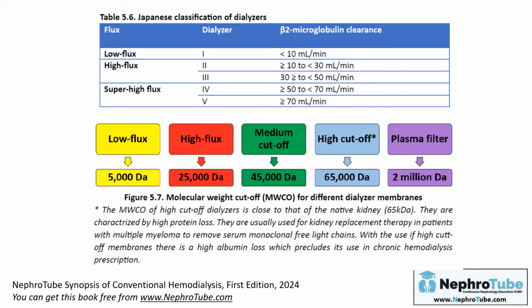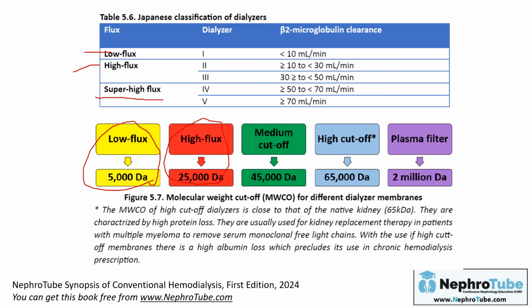Before going through the next point in the lecture, I want to mention an important notification, because you can meet this while you are reading in the literature. Let's see. This is the low flux dialyzer in the Japanese classification. So it can remove molecules up to 5,000 Dalton. High flux dialyzers can remove up to 25,000.